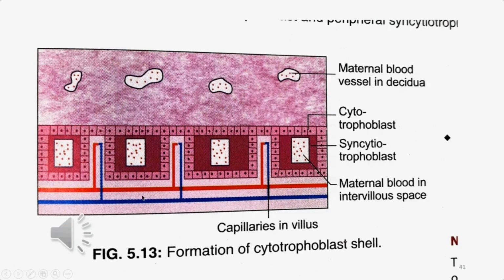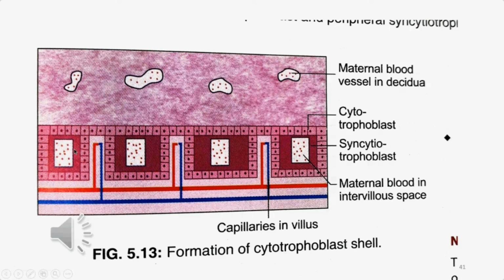Now here we can see the extraembryonic mesoderm. Then this one is the cytotrophoblast. Here are the trabecula and lacunae. Now the cells of the cytotrophoblast go to the tip of the villi and form a layer at the decidua basalis.